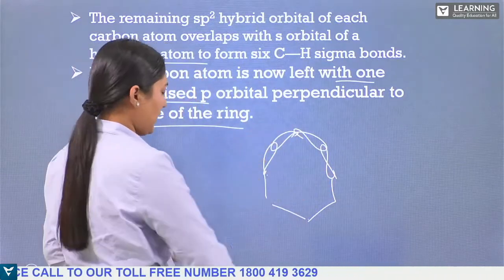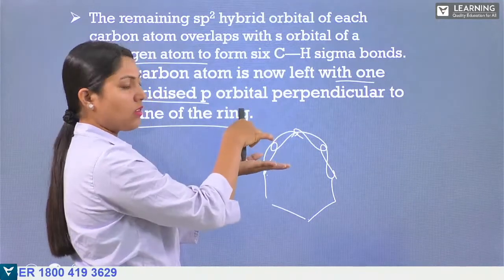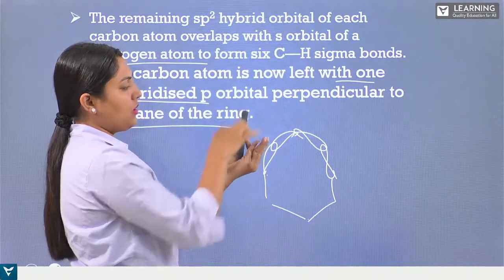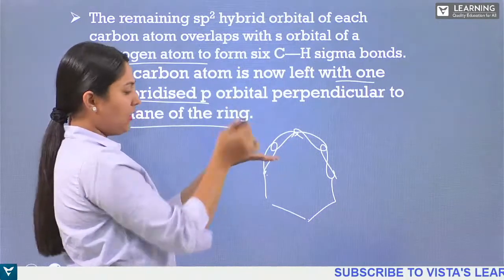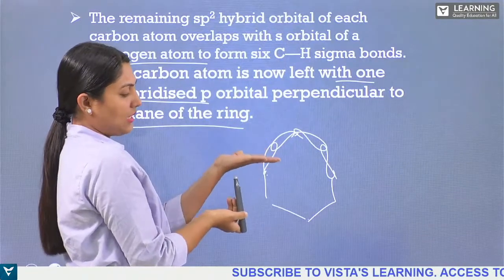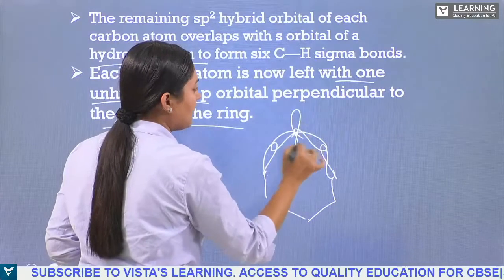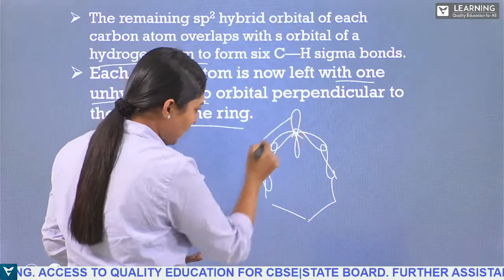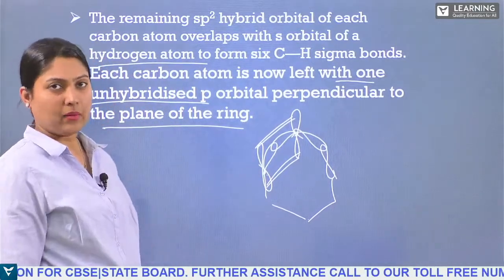If I have a plane here, the benzene ring is here, the plane exactly perpendicular to this will have the p orbital. One lobe will be upper and the other will be at the bottom. So they will be perpendicular to the plane and they will overlap laterally to form a pi bond.